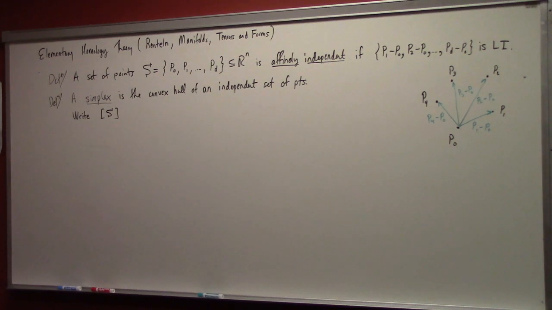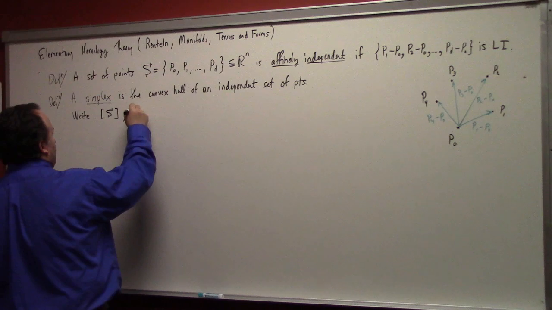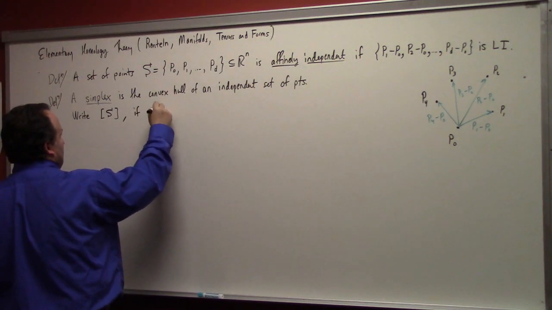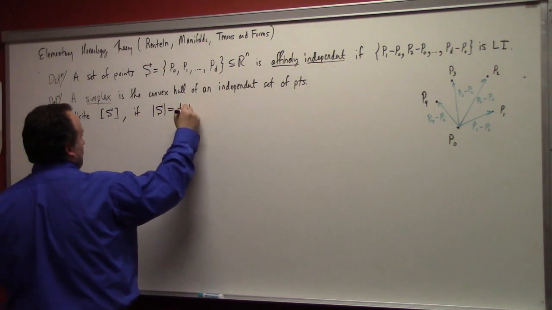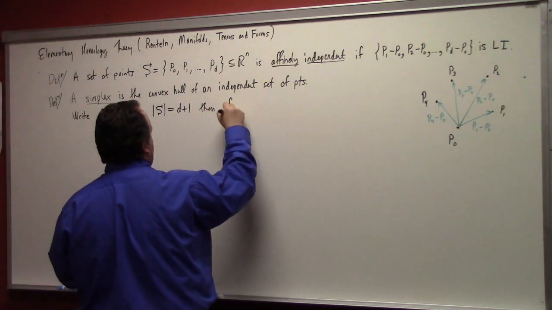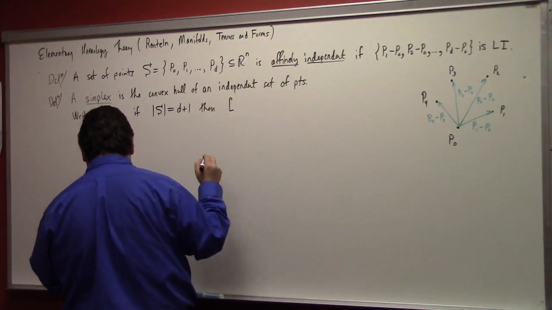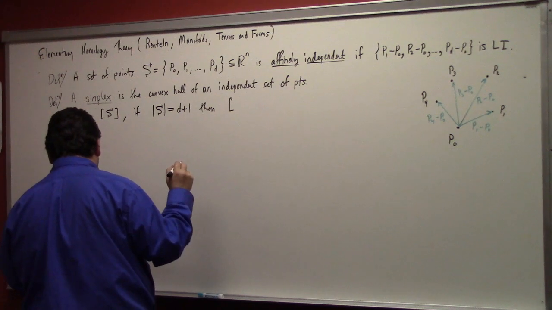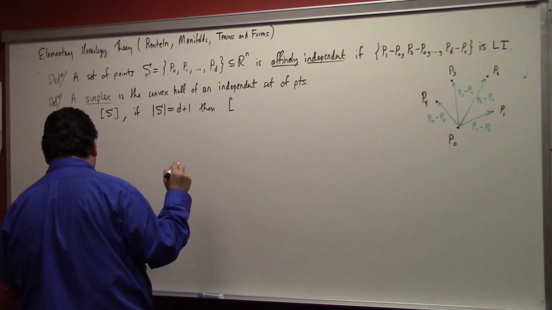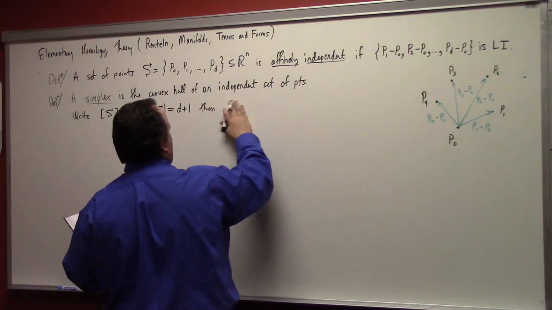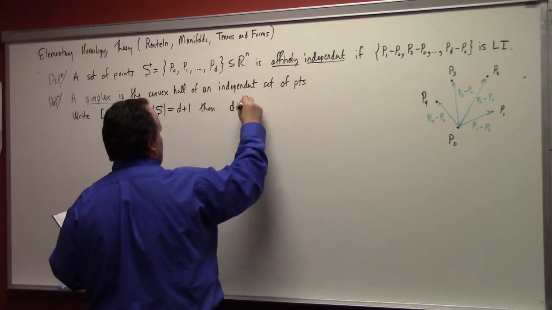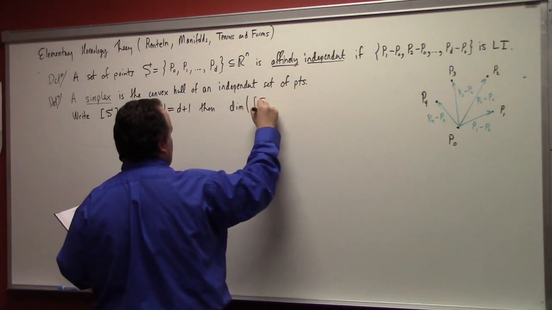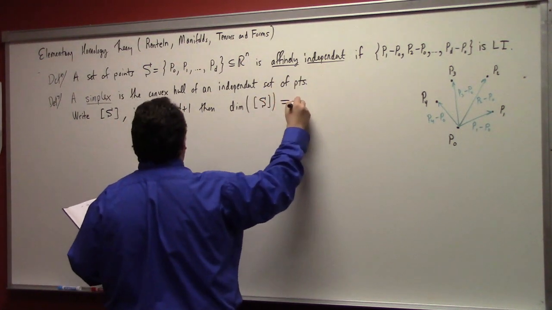So if the number of things in S is d plus 1, then the dimension of the convex hull of S is equal to d.